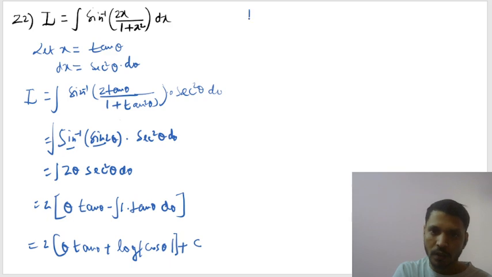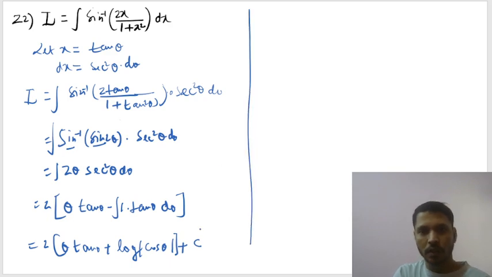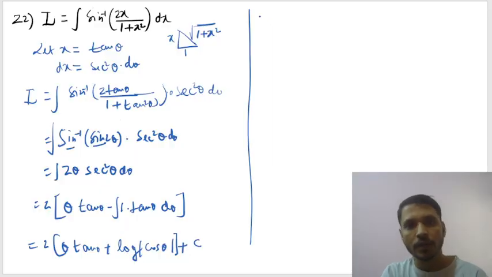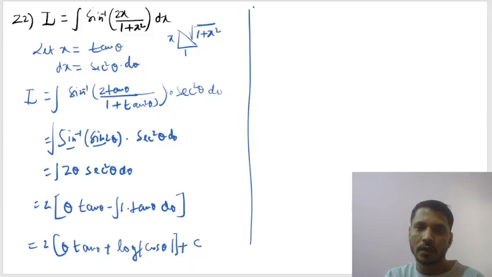So finally we can replace cos theta. In the triangle, tan theta is equal to x, that means the sides are x and 1. So cos theta will be equal to 1 upon under root of 1 plus x square, with the hypotenuse under root of 1 plus x square. So we can write it in terms of x.